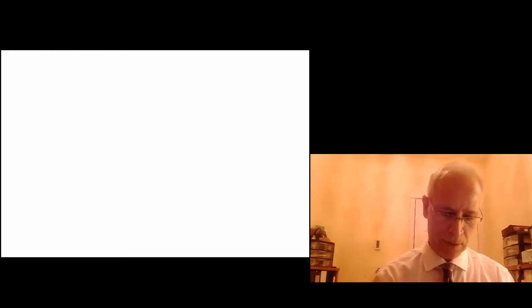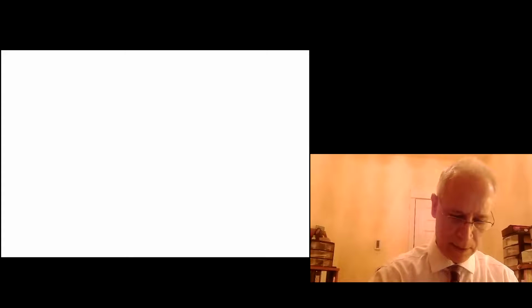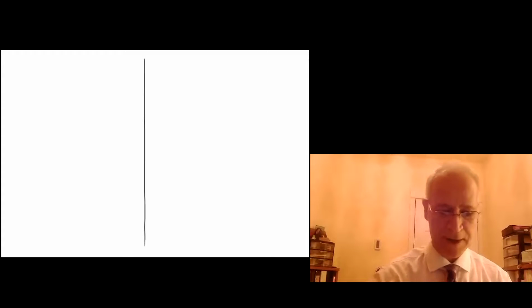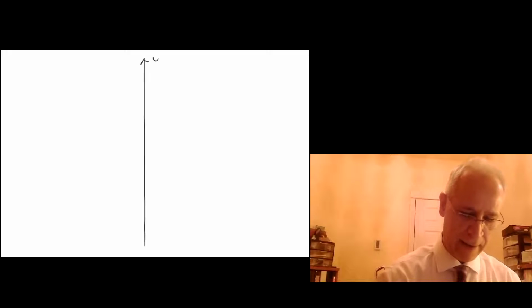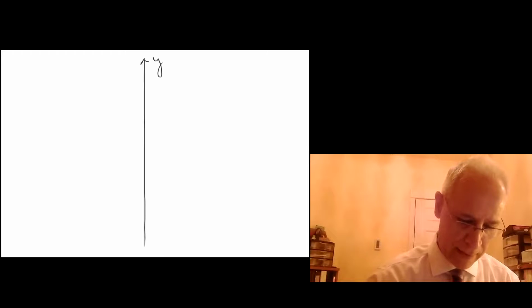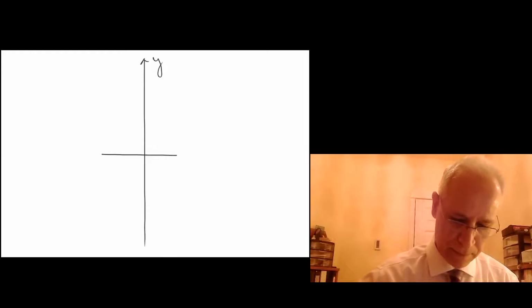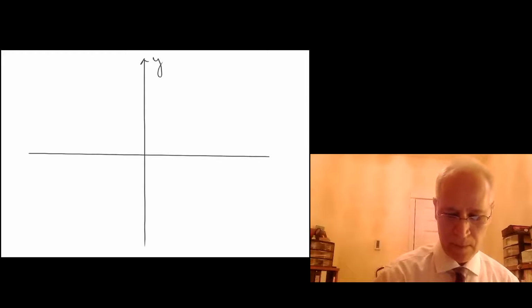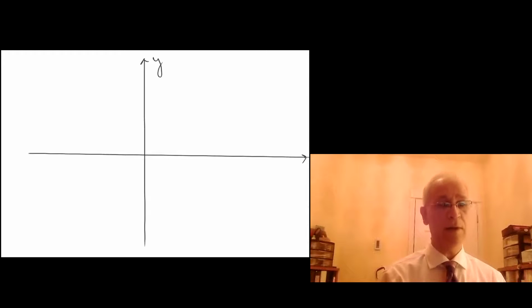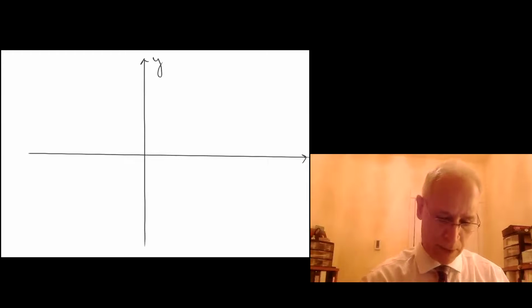So if I have my x in here, my y in here, and let's put the x. Remember the number under x to the second was 4, so a to the second was 4, so a equals 2. I'm going to go to the left and right 2 units. 1, 2, 1, 2.